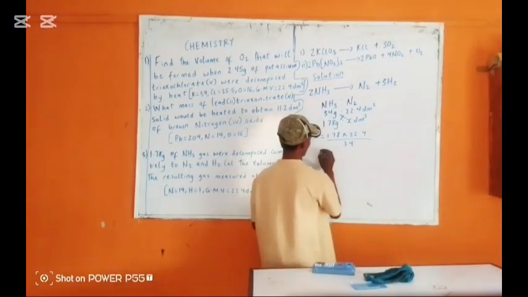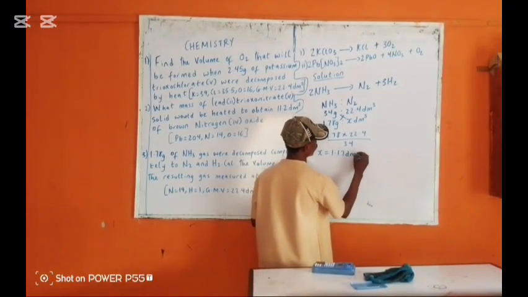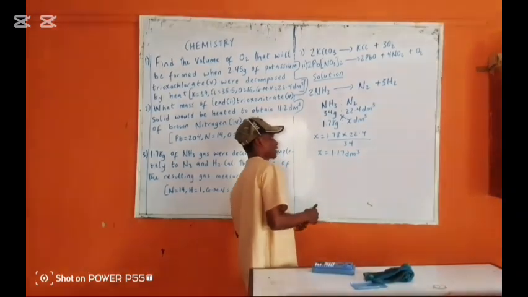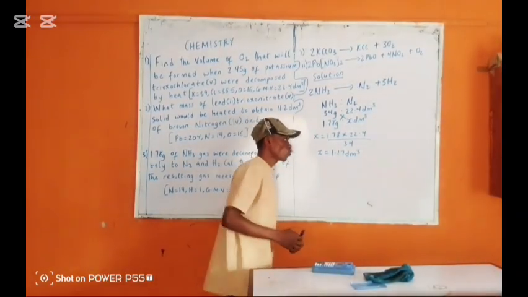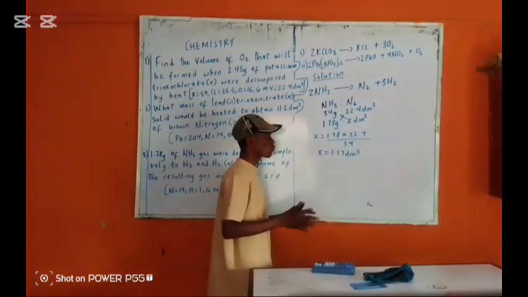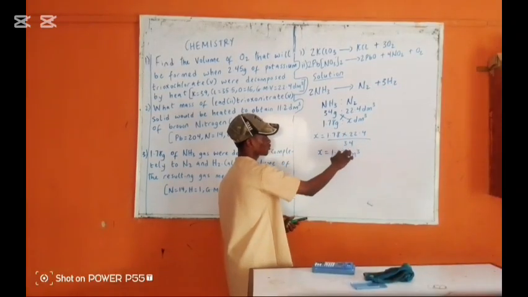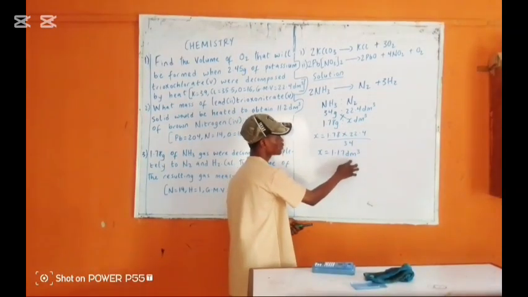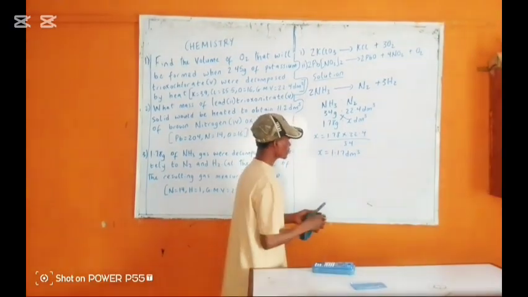So we have 1.17 dm cube of nitrogen gas evolved. When 1.78 gram of ammonia gas decomposes, we get 1.17 dm cube of nitrogen gas. That is for nitrogen.